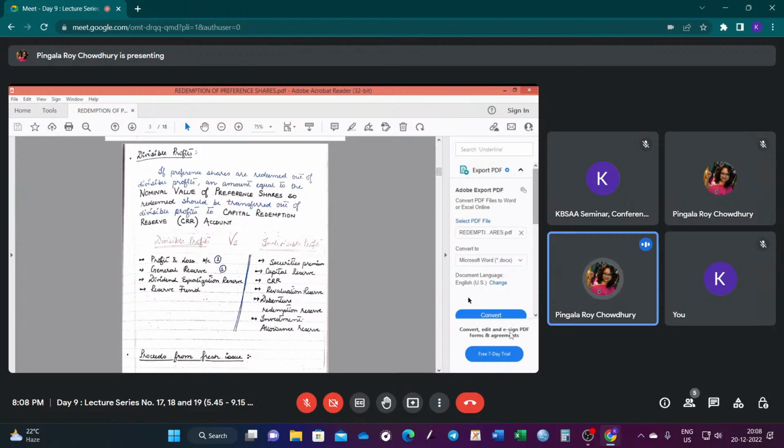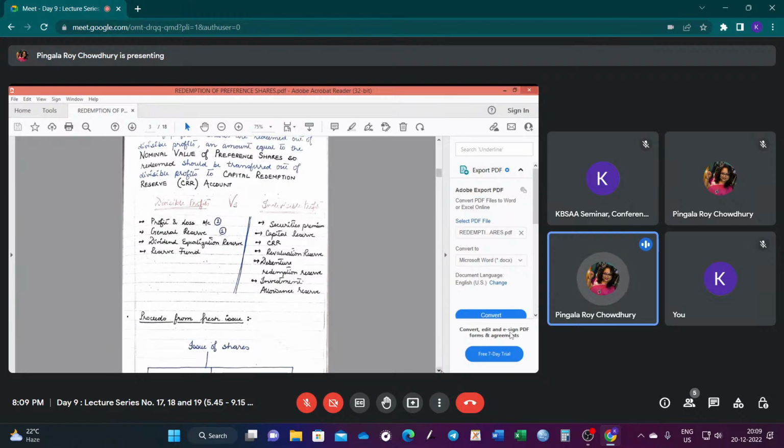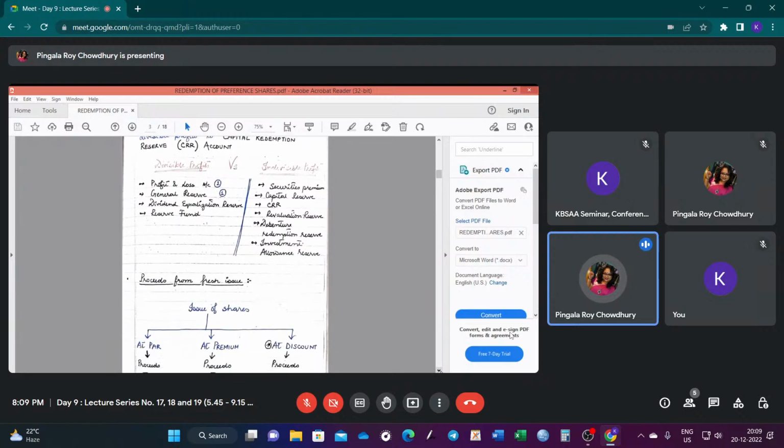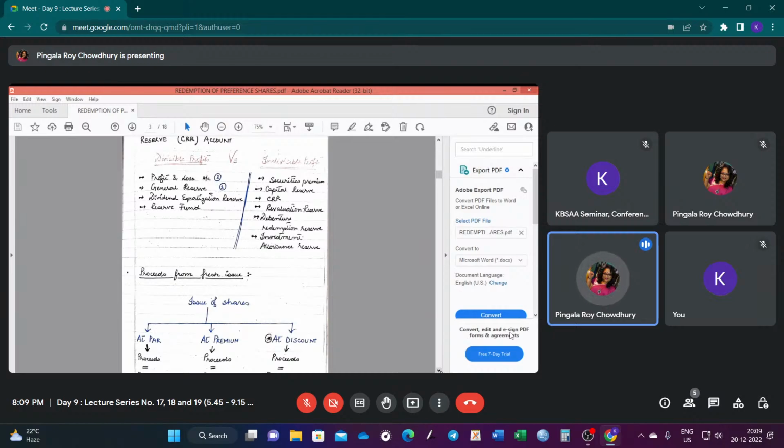Next, we have debenture redemption reserve and investment allowance reserve. So these are certain things which you cannot use for your redemption purposes. Now, what you can use is mainly general reserve, profit and loss account, and if these two get exhausted, then we move down to dividend equalization reserve and reserve fund. So that is the details of divisible profit.